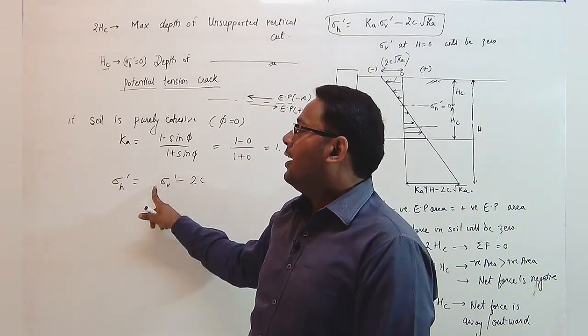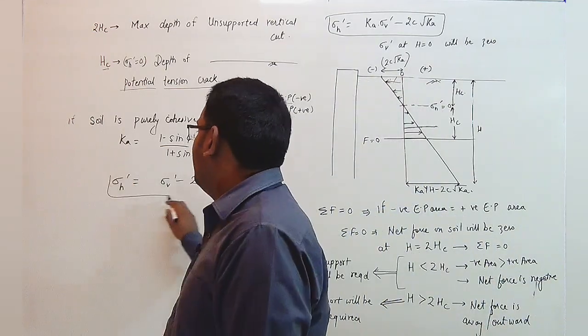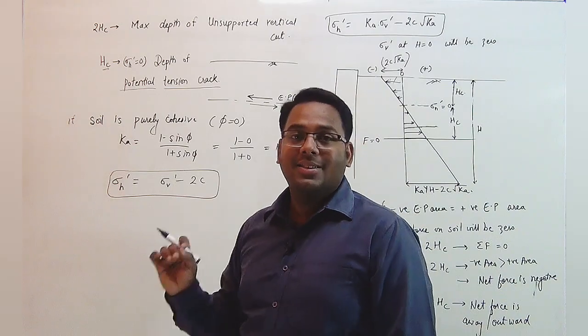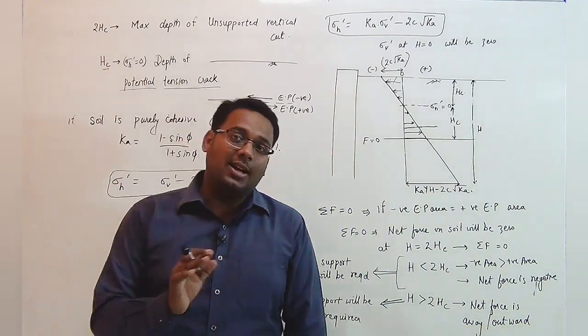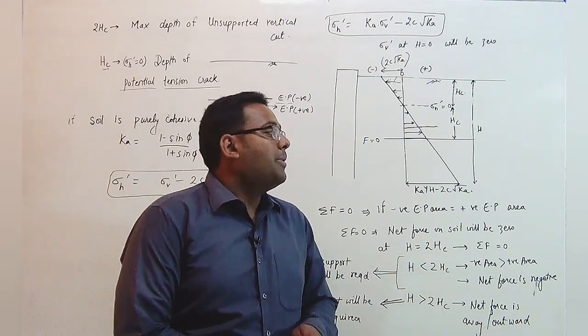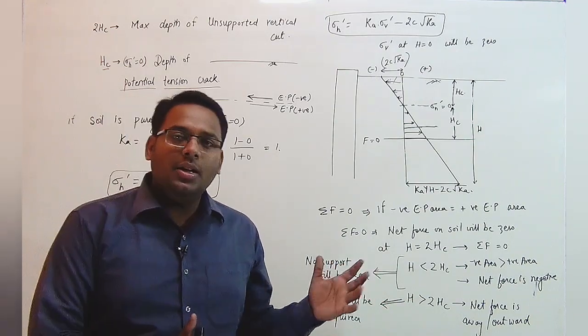The value of K is 1, and the value of root K is also 1. So you can easily calculate the equation for purely cohesive soil, but it is generally not asked in the exams. Generally, C-phi soil is preferred because of some complex equations that need to be solved.